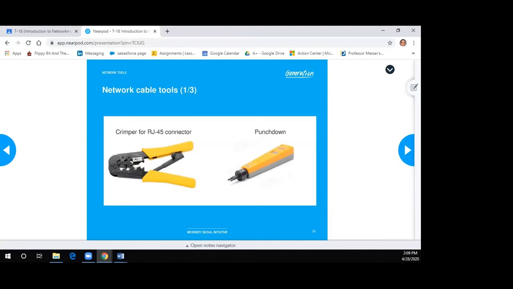You grab this crimper, and with it you're able to crimp on, or lock on, the cables. Not only does it snap down a little plastic bar to keep you from yanking the cable out, it also pushes down the gold copper connectors and bites the wire.